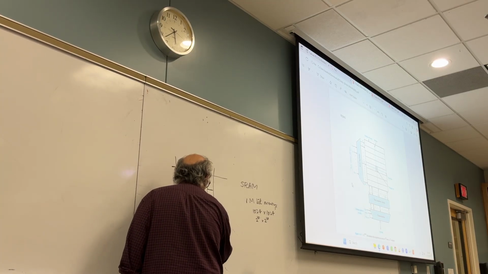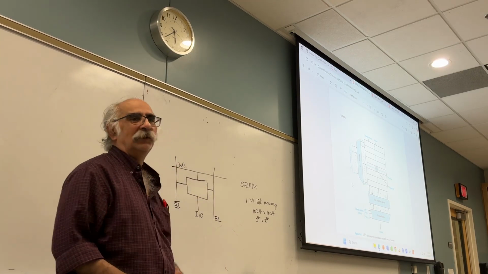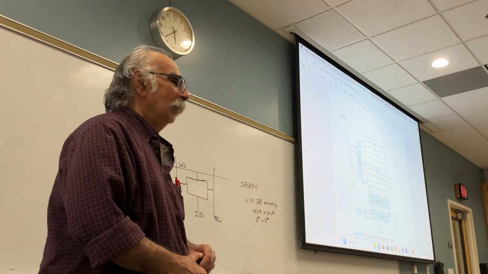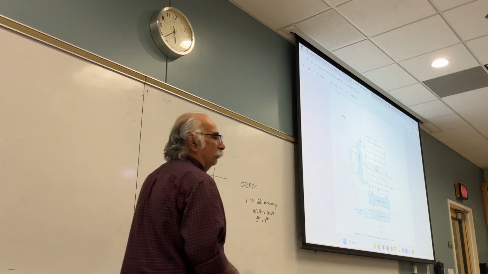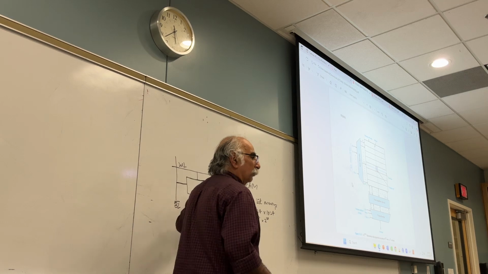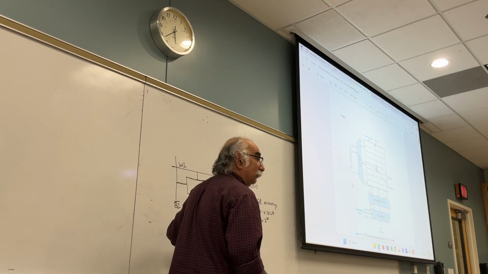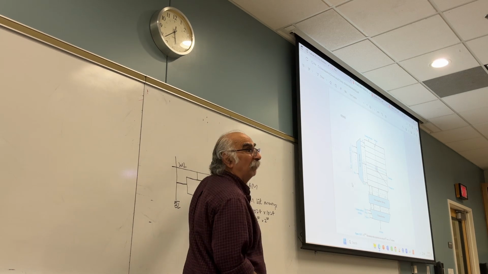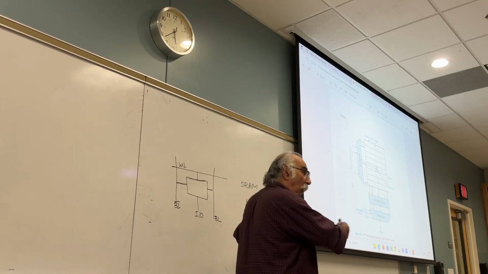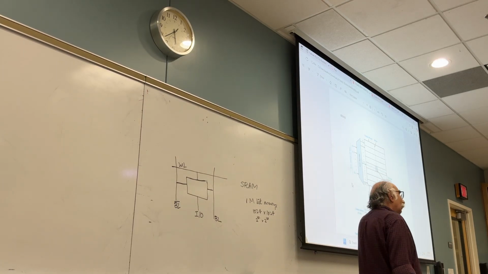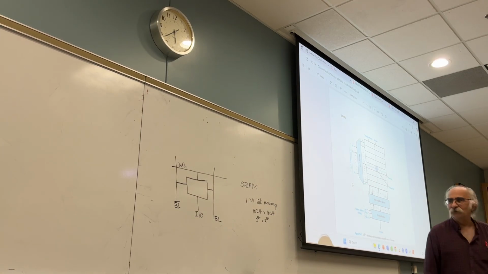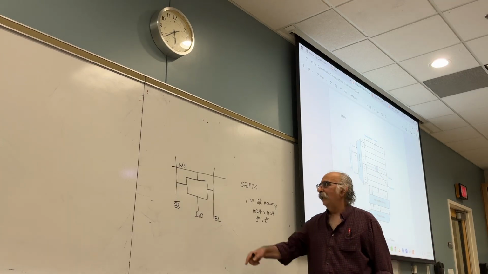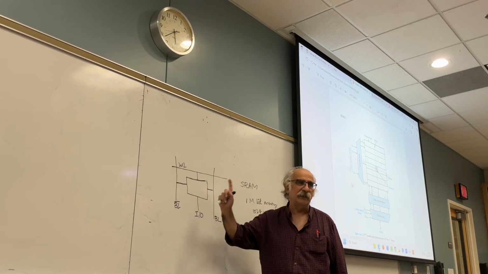We have the I/O. I/O stands for input and output. When is it input? When you are writing into the memory. When is it output? When you are reading from the memory. Did you get it? And we saw how this one works, the read and the write.